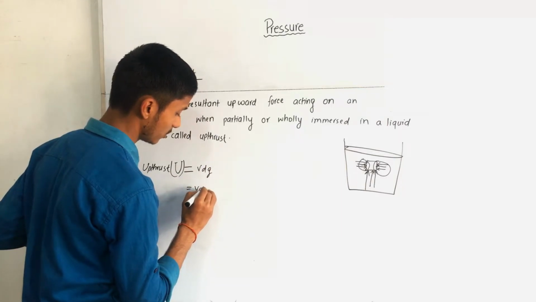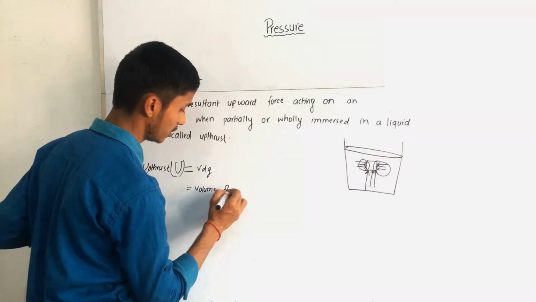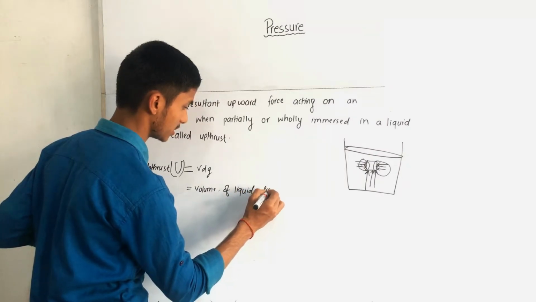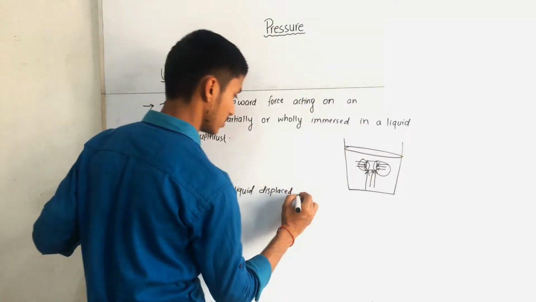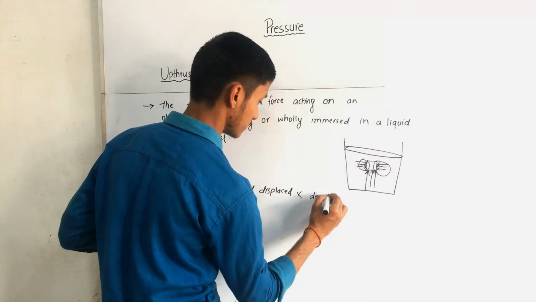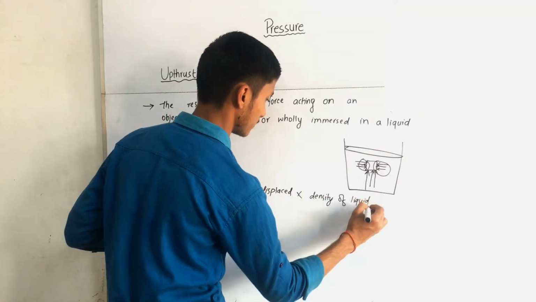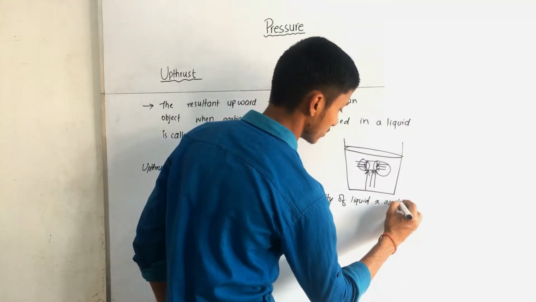Where V is the volume of liquid displaced, d is the density of liquid, and g is the acceleration due to gravity.